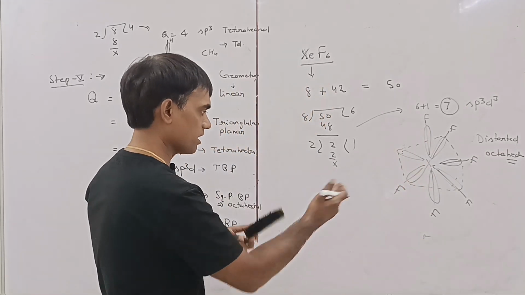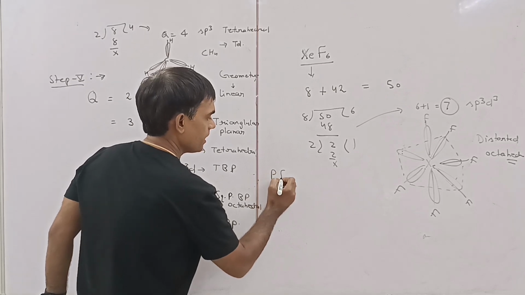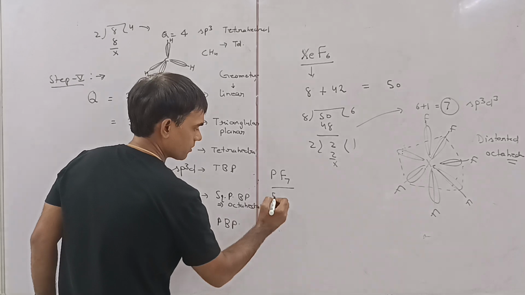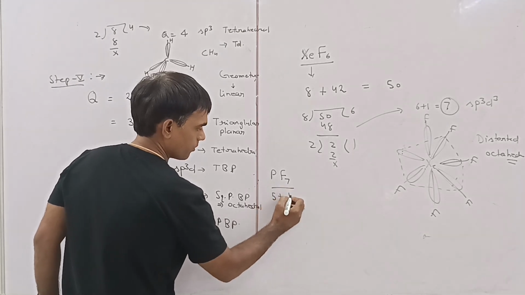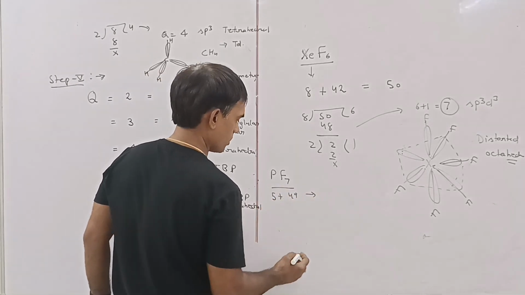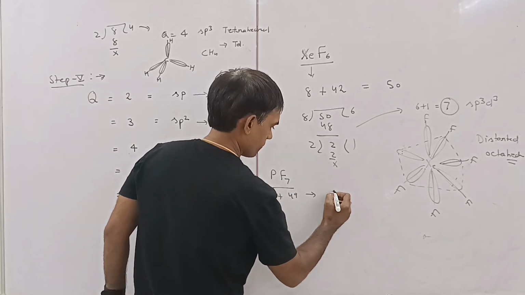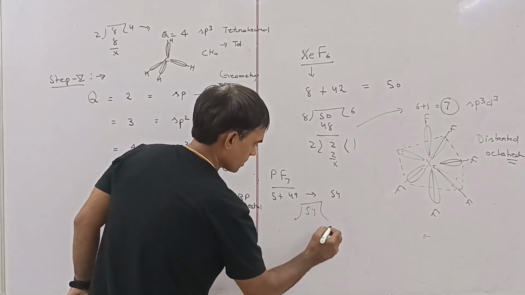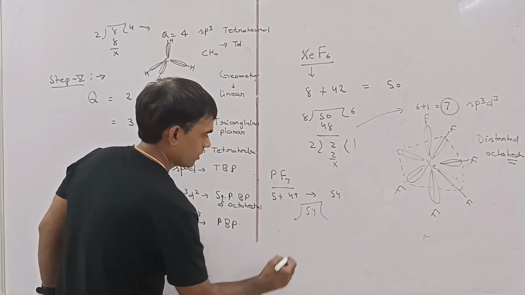If there is no lone pair, for example, you can take PF7.